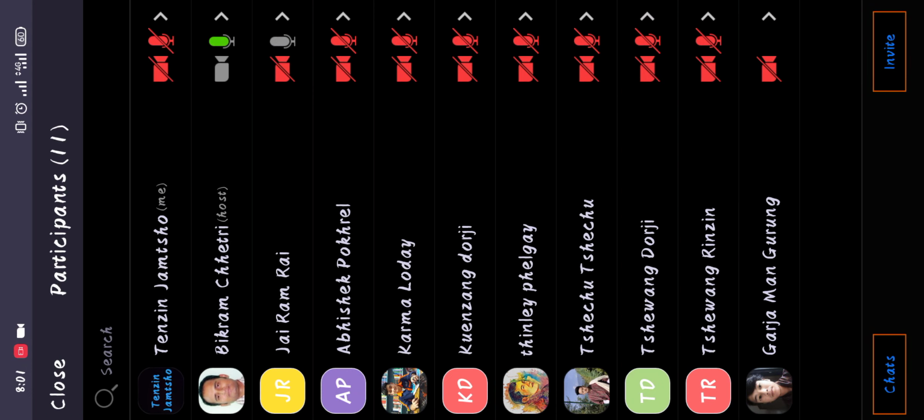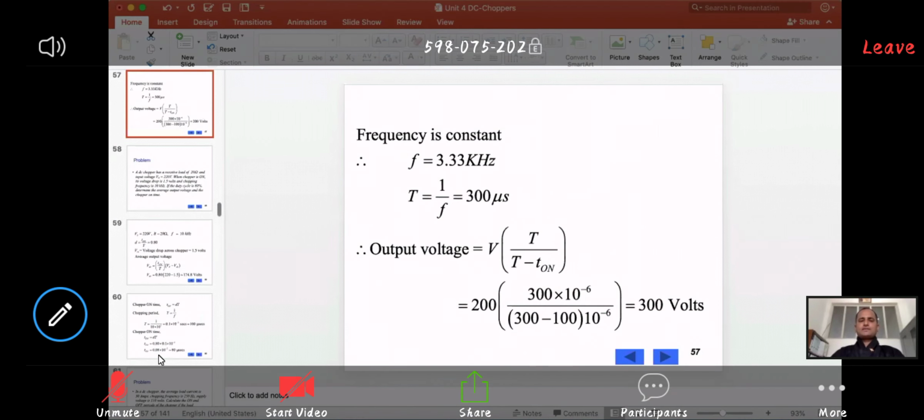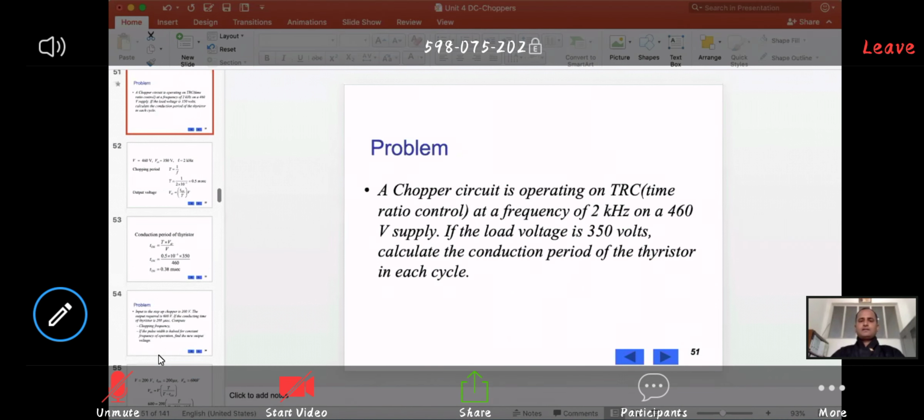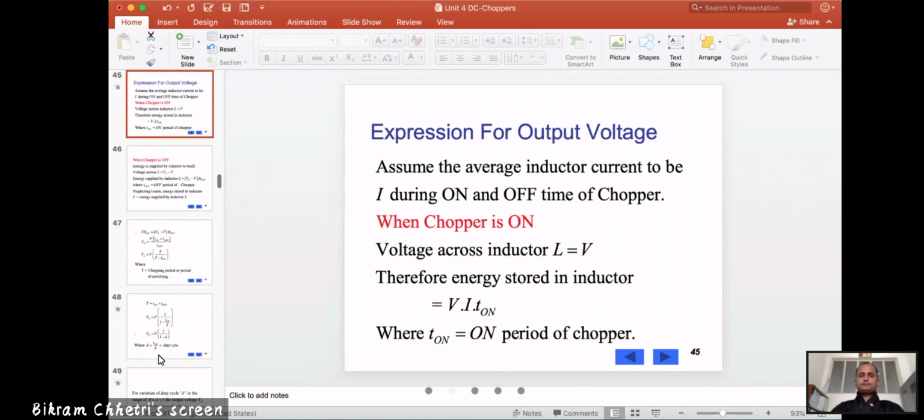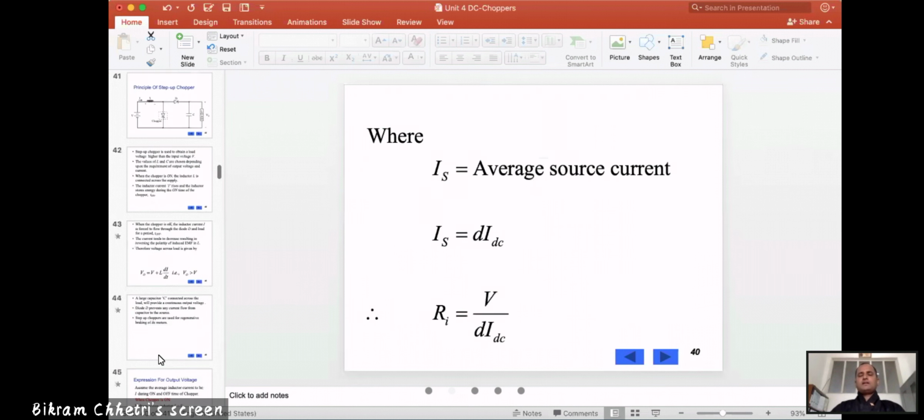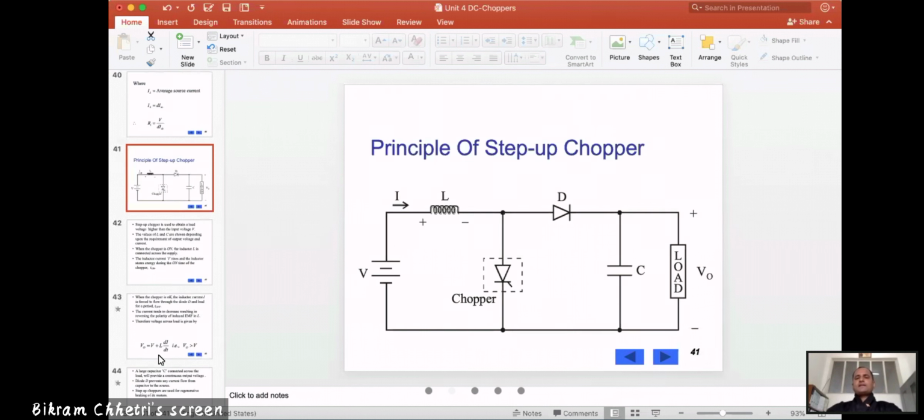And the fundamental thing about the chopper is that it's just a switch. In a chopper, a switch acts whether to switch on, and for how long to switch on.